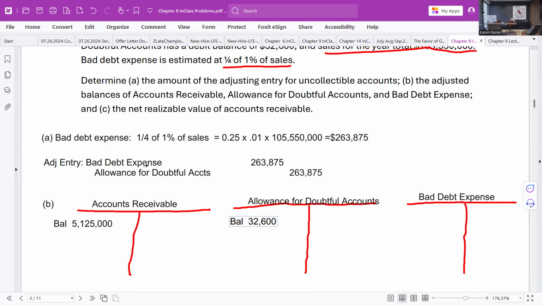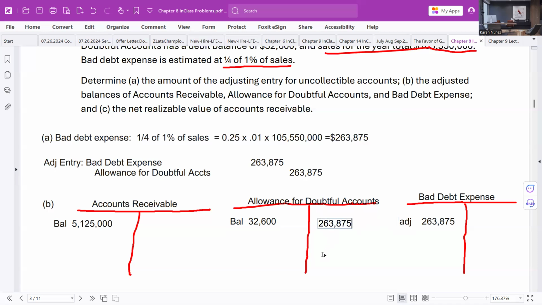The reason I'm doing the adjusting entry, even though they didn't ask for it, is that it helps in understanding the T accounts. When we post this adjusting entry after A, we would be debiting bad debt expense for 263,875 and crediting the allowance account for 263,875.